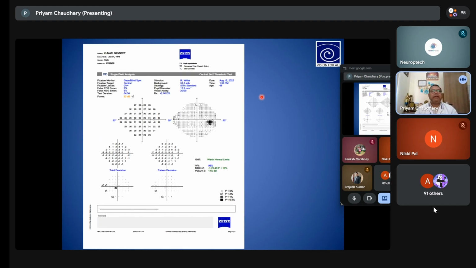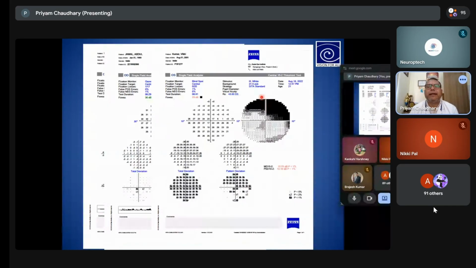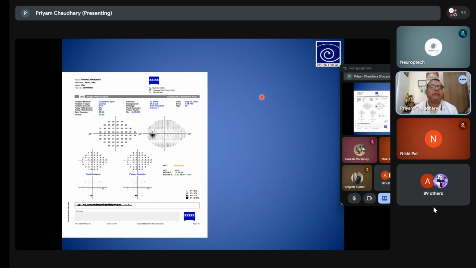So this is the normal HVF machine report. HVF 24-2, 30-2, and 10-2. We have the Humphrey visual field machine.